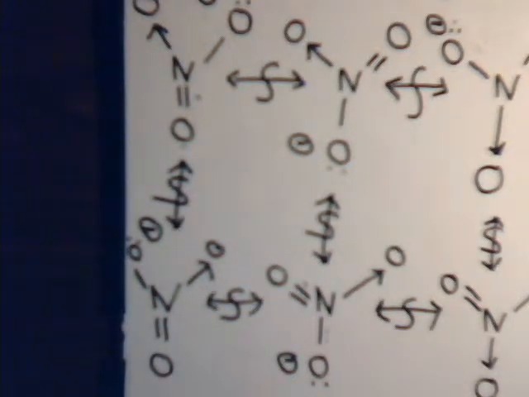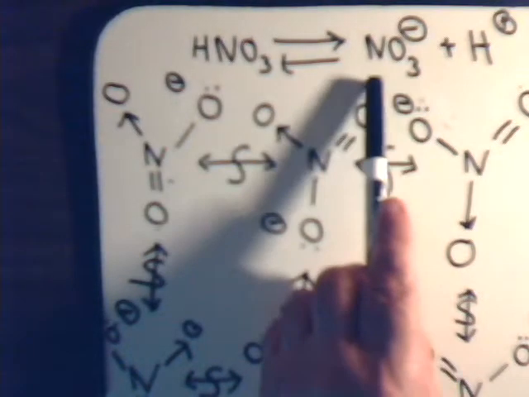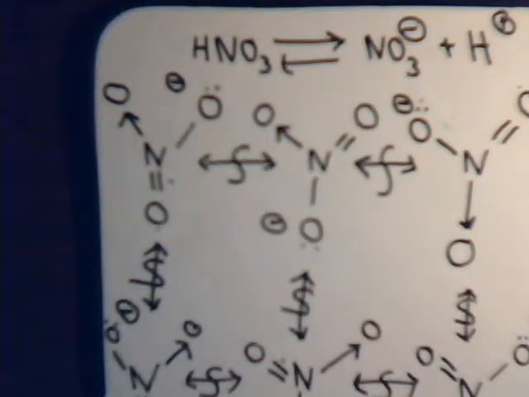So, when nitric acid loses its single proton to form this nitrate anion, can we get all of these in focus at the same time? It's about as good as it's going to get, I guess.